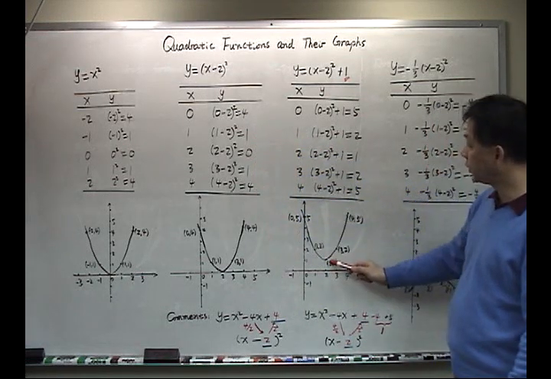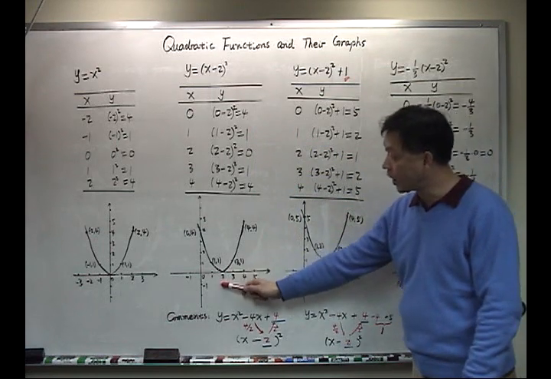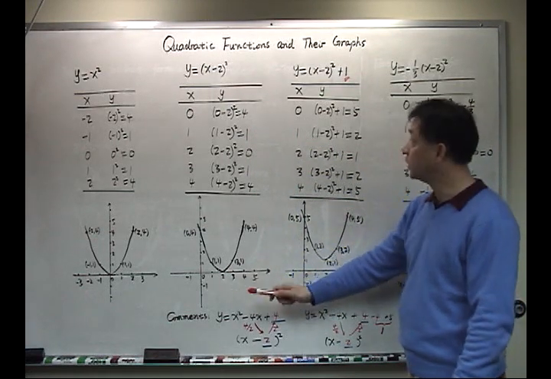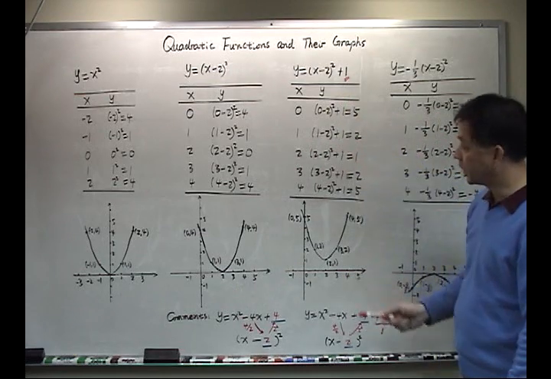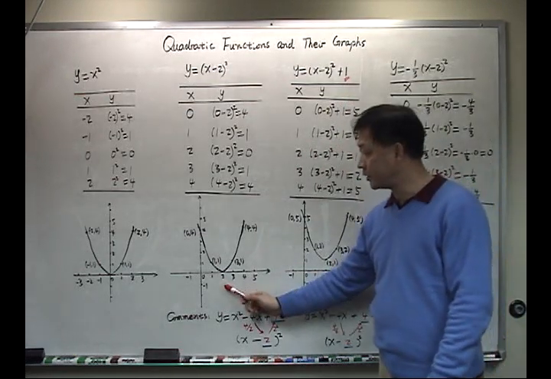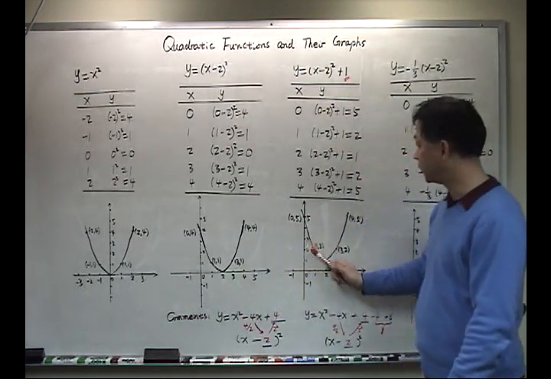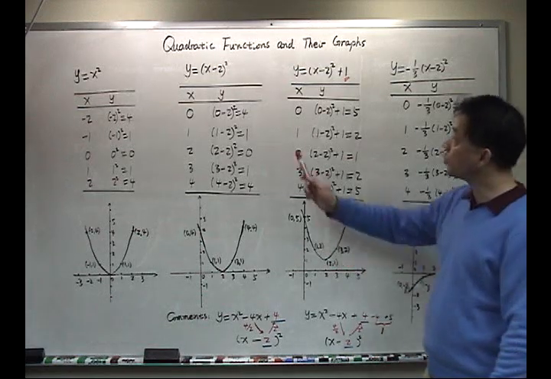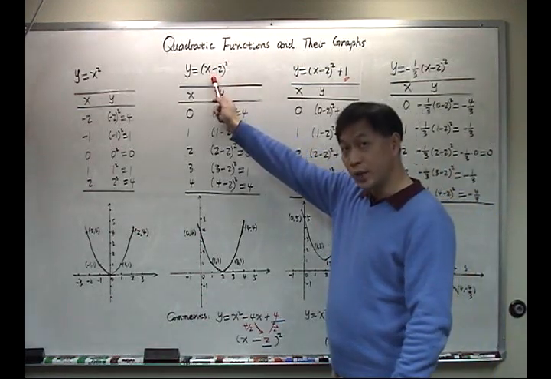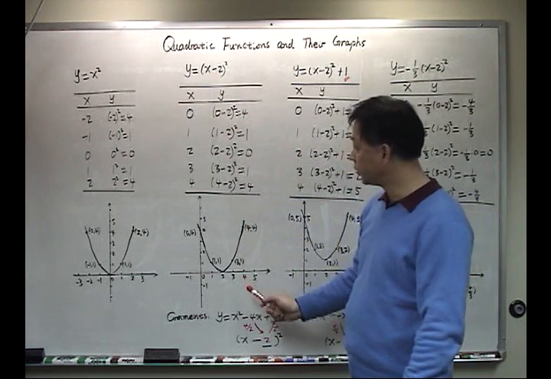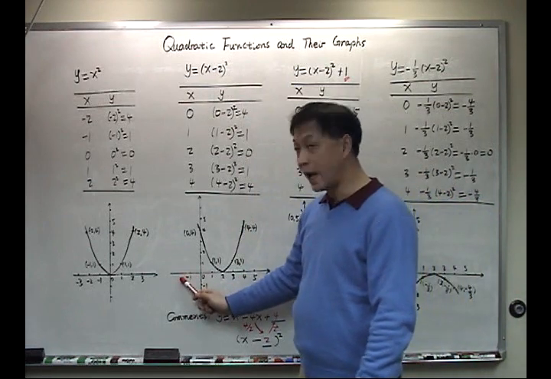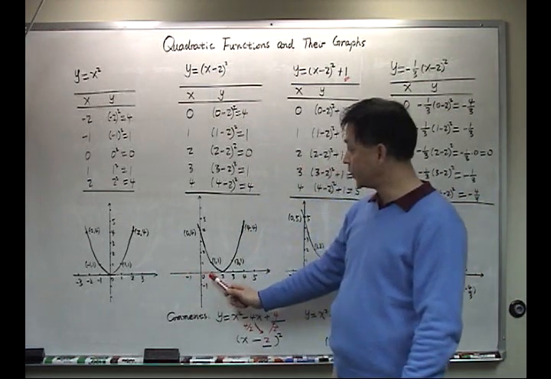So the picture would be 1 unit down. If here were plus, you can try yourself, that would be 2 units to the left instead of 2 units to the right.